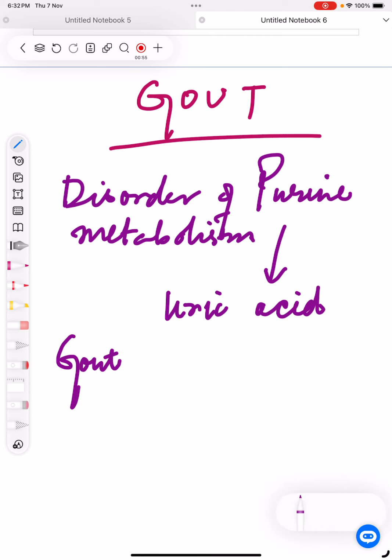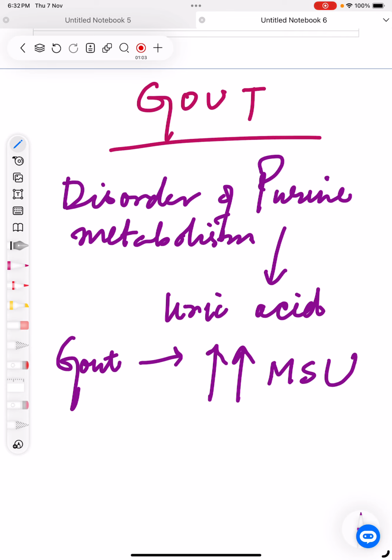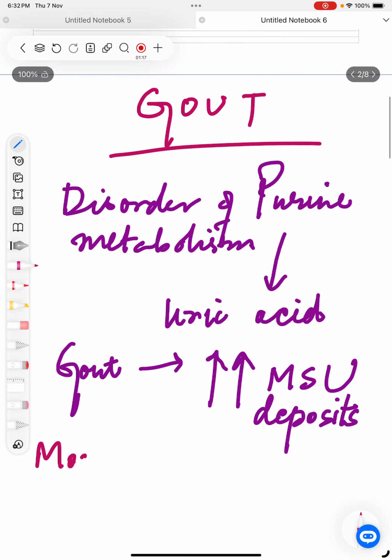What is the situation that you can see in gout? There is excess of monosodium urate deposition. So these deposits are in excess in gout.